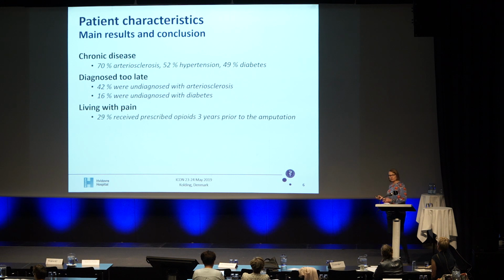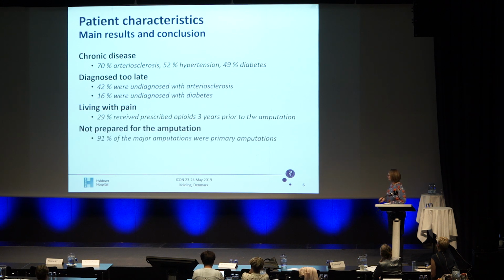And we have also heard further on that they're living with pain, but they also live with pain prior to the amputation, as we found that just 29% of the patients had already received prescribed opium 3 years earlier, before the amputation. So there's a large group here who suffers from high pain. And they are not prepared for the amputation, since 91% are amputated the first time.